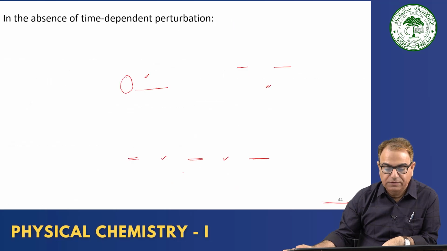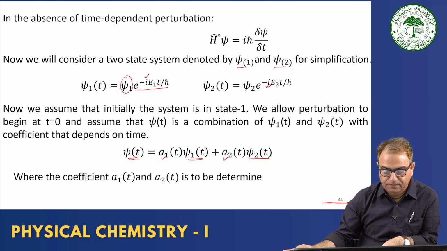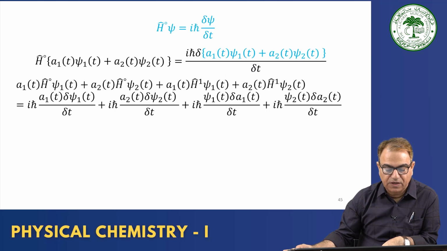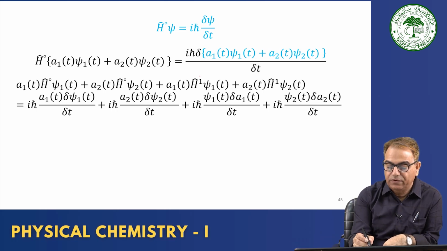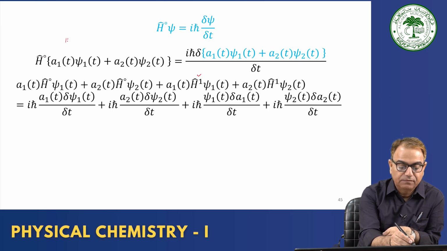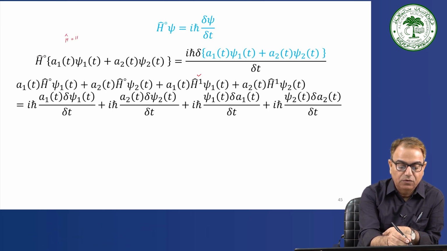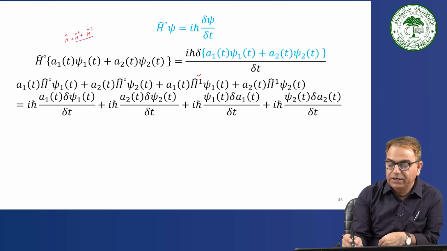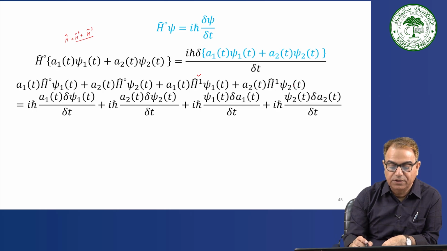So this H1 also will be part of this Hamiltonian. H will be equal to H0 plus H1. So you get these terms, a1(t) H1 psi 1(t) plus a2(t) H1 psi 2(t). Okay, so this is your left hand side.